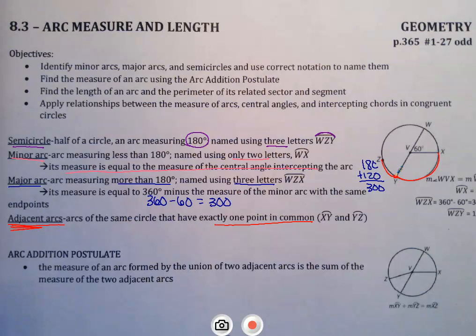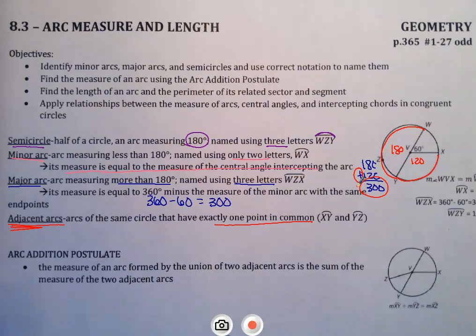All right, then we have the arc addition postulate. The measure of an arc formed by the union of two adjacent arcs is the sum of the measures of the two adjacent arcs. We just did this. We took this semicircle, that was 180, and we took this arc, that was 120. We added them up, and we got 300 for that major arc.